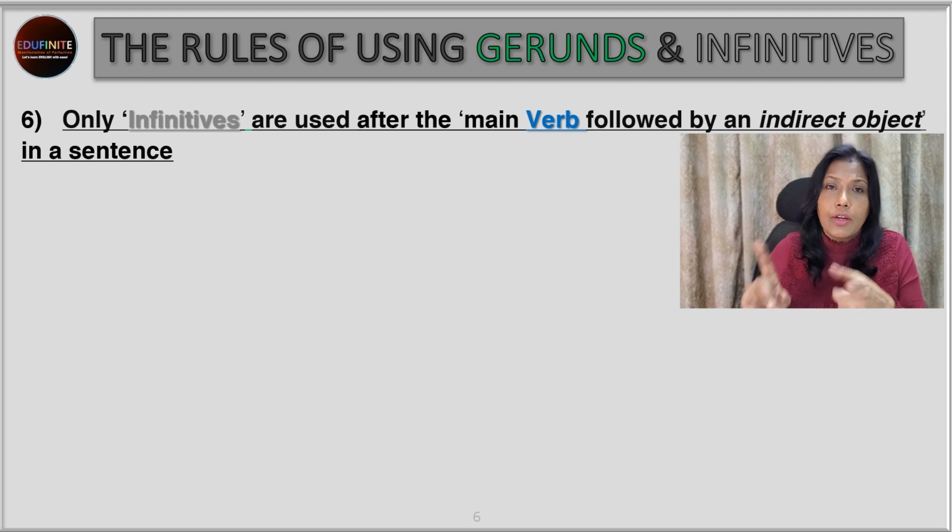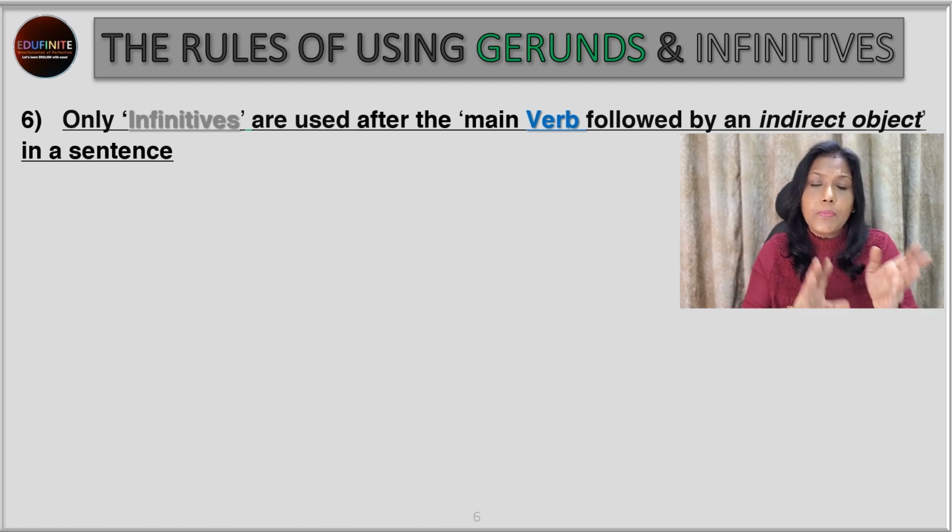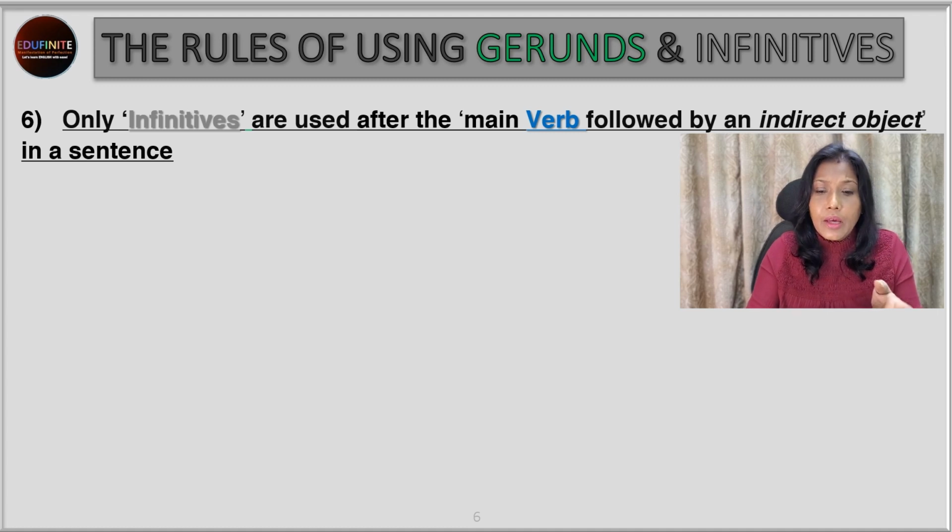It can never be a gerund. When we are using the gerund or the infinitive as the object of the verb, it's fine. We can use either of them according to the main verb. But when the main verb has an indirect object beside it, we have to use only the infinitive.